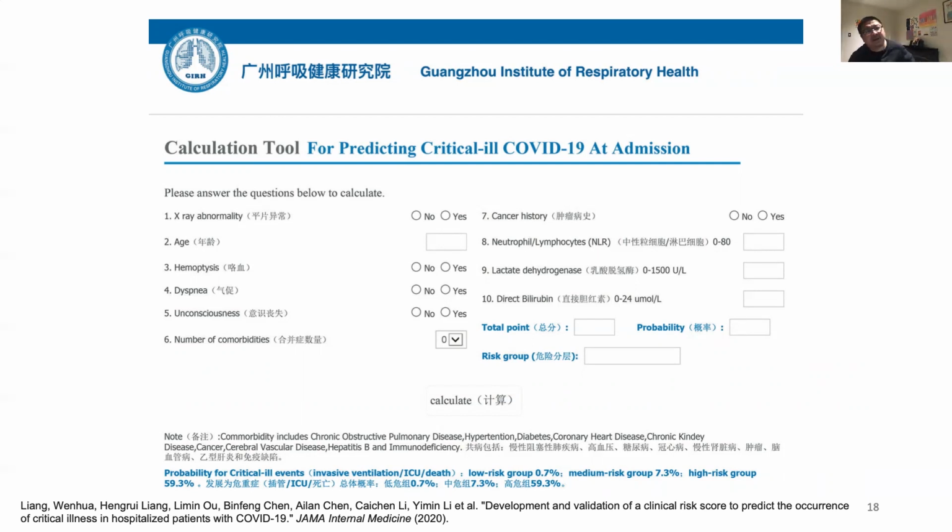As you can see, there are just 10 different features in the calculation tool. It is a web-based tool: after the clinicians see a patient and input all the information, it can give you a score indicating the risk of this patient becoming critically ill later on. And this is a paper published in JAMA Internal Medicine.